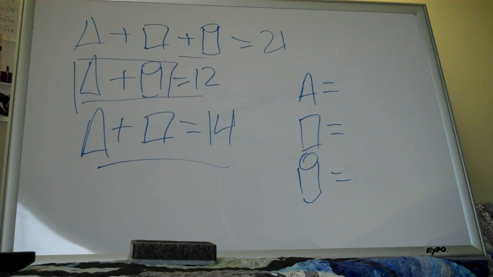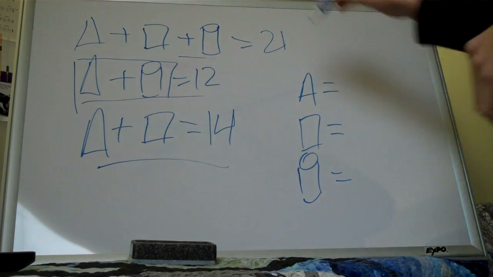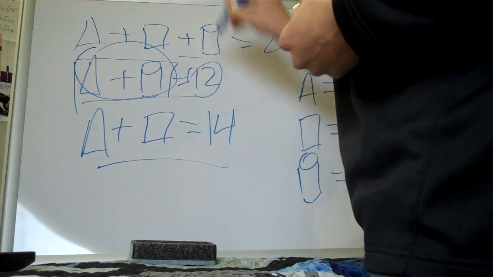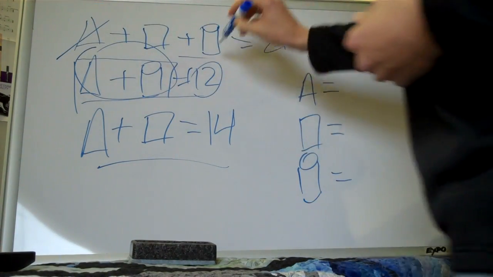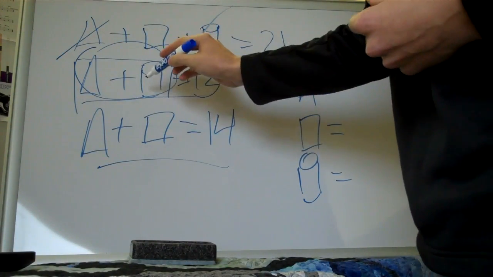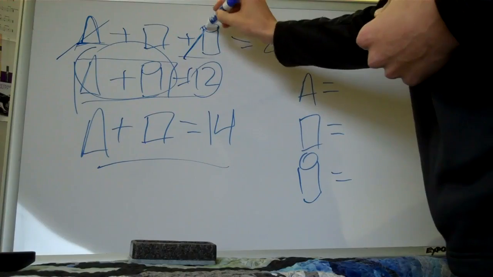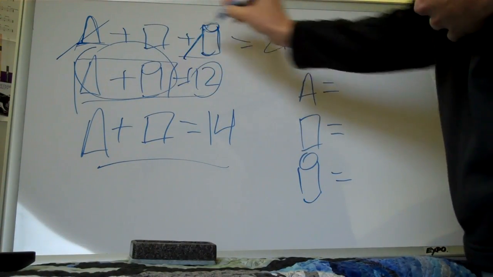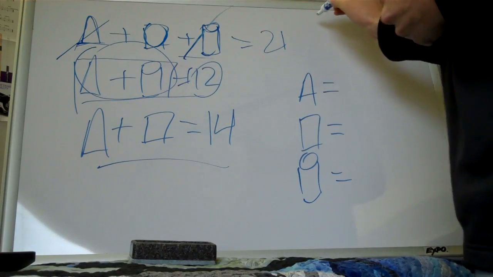And we're going to use something called substitution, in which we take this value right here, which we know is 12, and substitute it for this triangle and this cylinder. This is the same thing as saying triangle plus cylinder up here. It's just replicated into this problem. So now we can find square.